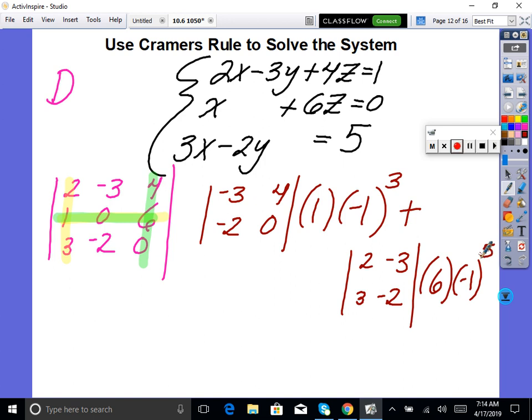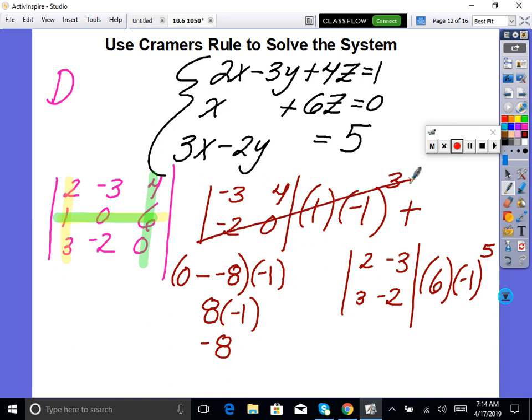Let's calculate that. Negative 3 times 0 is 0, minus negative 8. Then we're multiplying that by negative 1. Won't that be 8 times negative 1? Negative 8 for that portion. Does everyone see how I'm getting that?